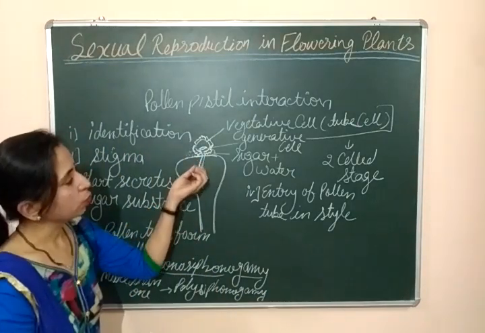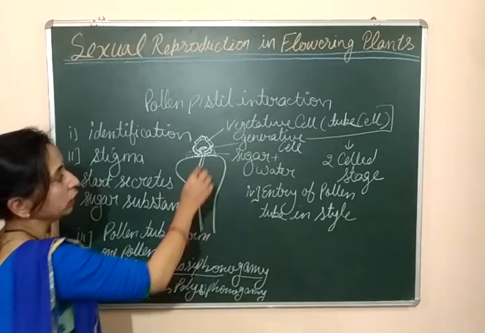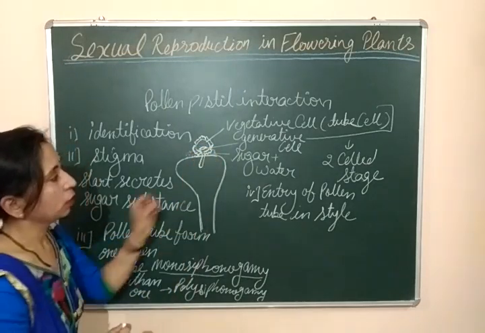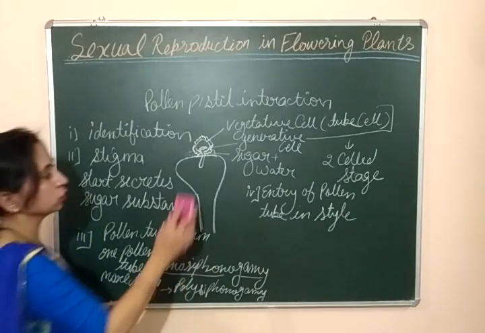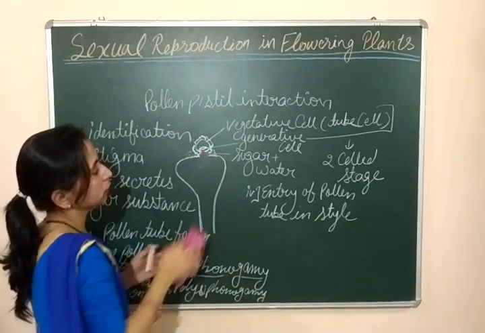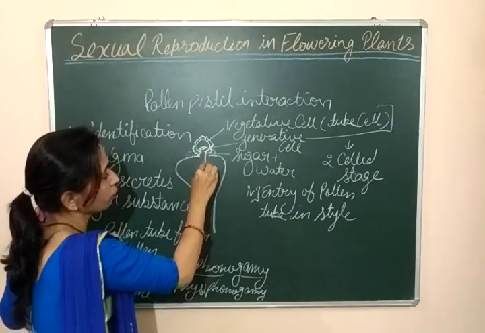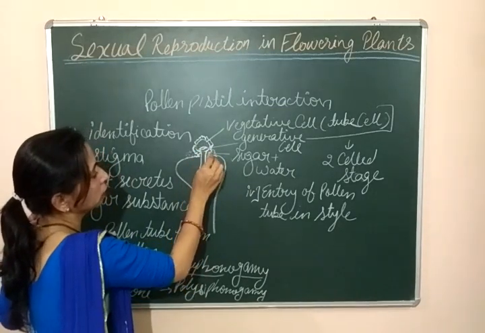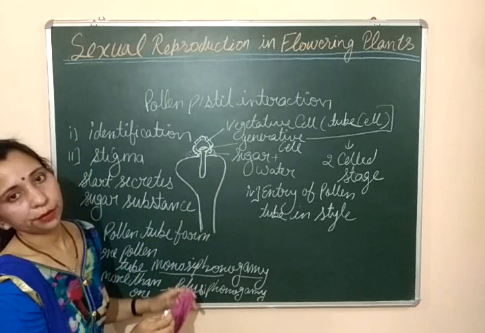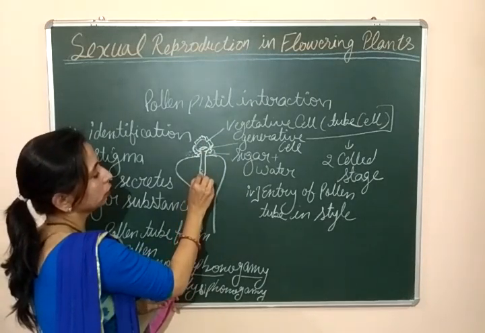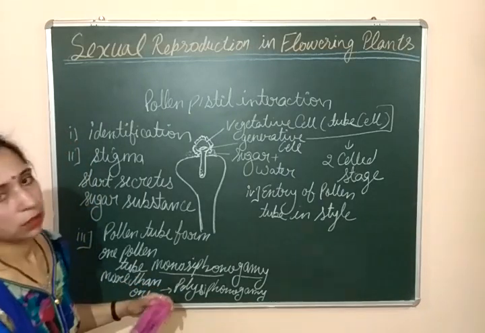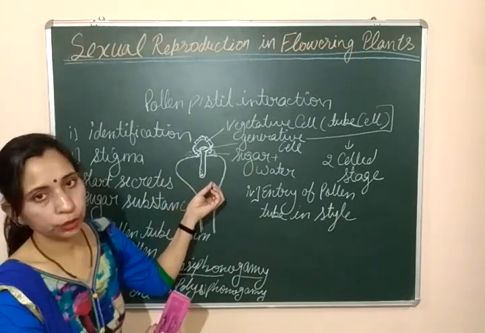When pollen tubes start moving inside the style, all the content of these cells is released into this pollen tube. We will draw it more clearly so that we can easily see it. This is the pollen tube, which forms from these pollen grains, and all the contents are released inside this pollen tube.